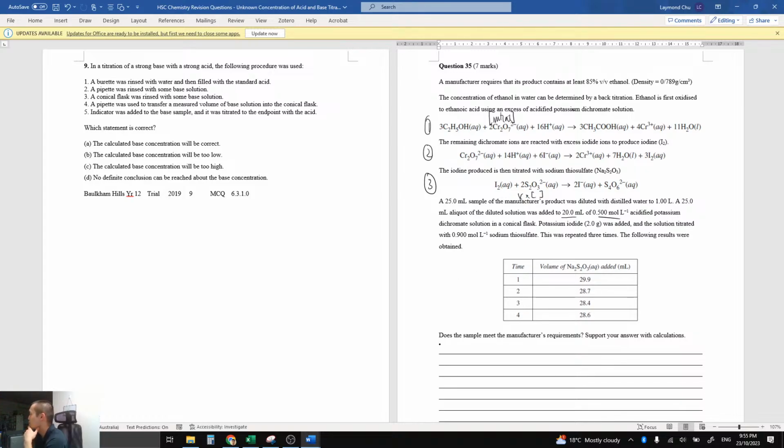So looking at 3, we can say the moles of thiosulfate is equal to C times V, which is 0.9 moles per liter times... Now, we say that's an outlier, and we say the average of that. So let's make a note saying titer 1 is an outlier. Use titer 2 to 4 as average.